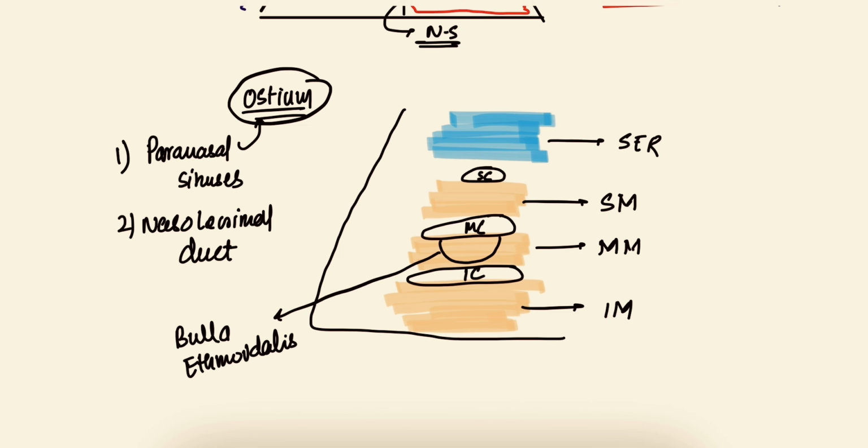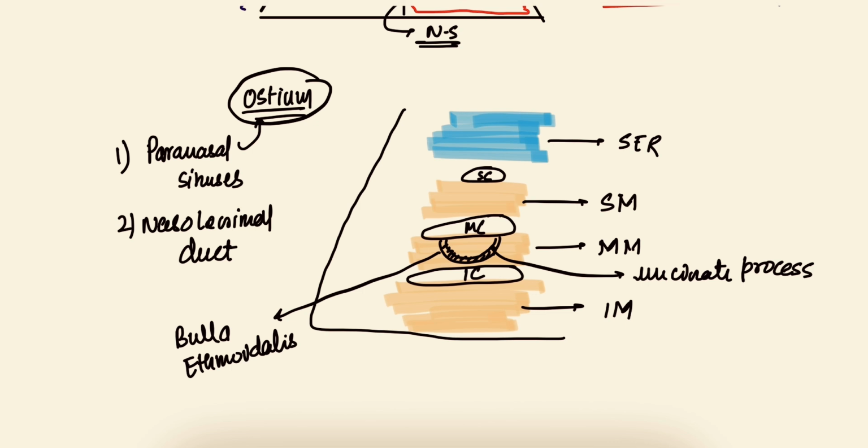Now, just above this bulla ethmoidalis, there is a sickle-shaped bone which lies above it. This sickle-shaped bone is called the uncinate process.